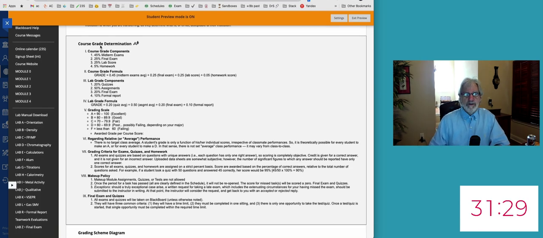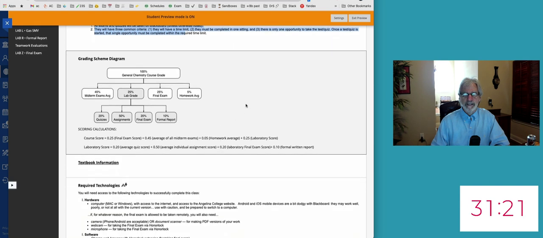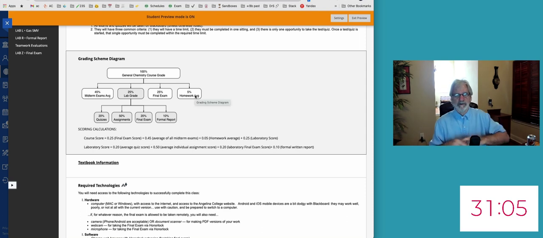Right, so how your grade is determined is explicitly stated here as well as in the syllabus, but I've drawn that out in a diagram so you can note it easily. So basically you're going to have 4 main components. You're going to have exam grades, you're going to have a lab grade, you will take a final exam, and then you're going to have homework that's given here and there.